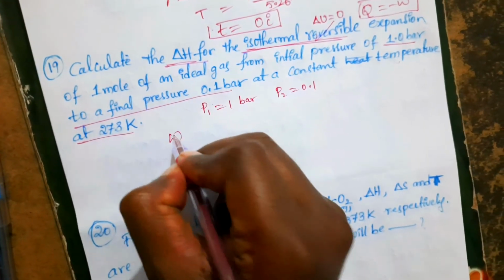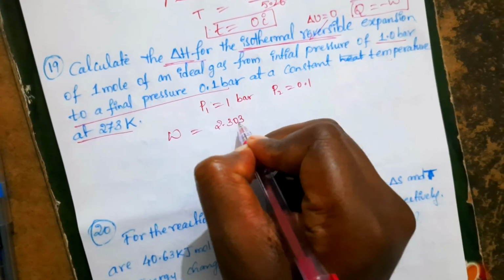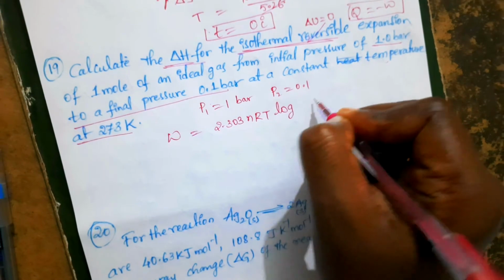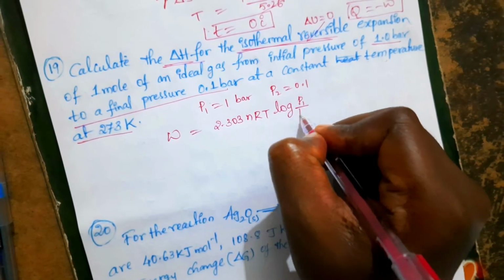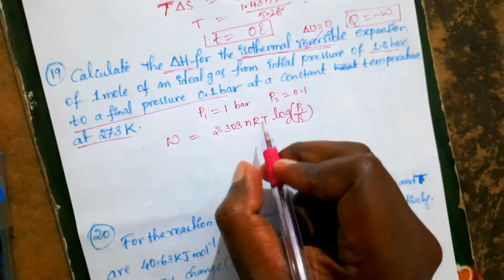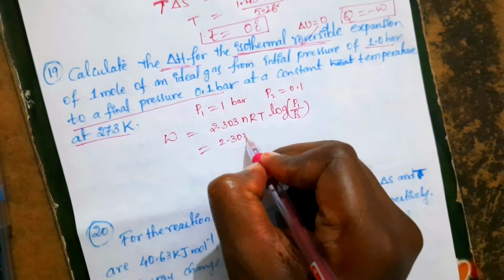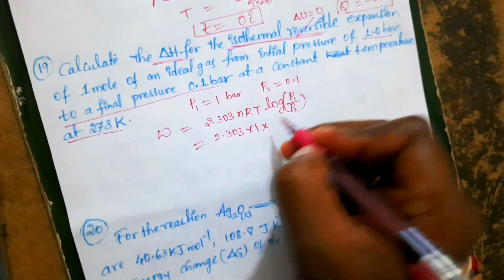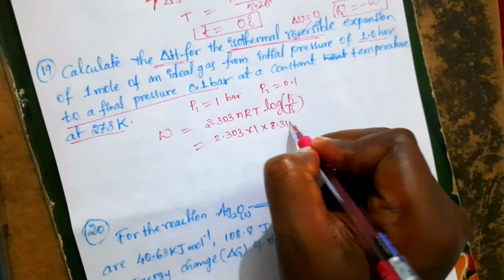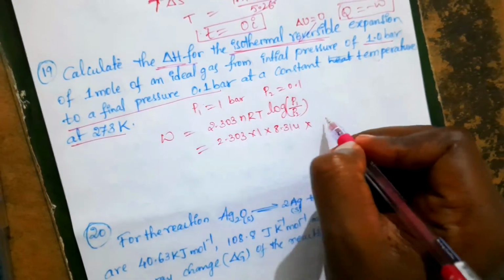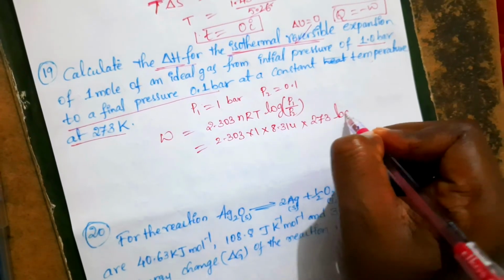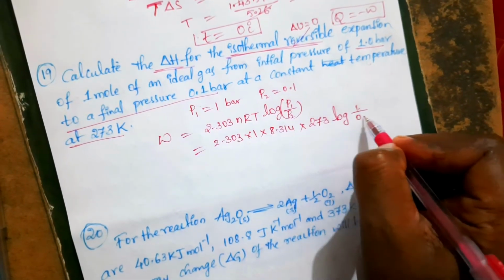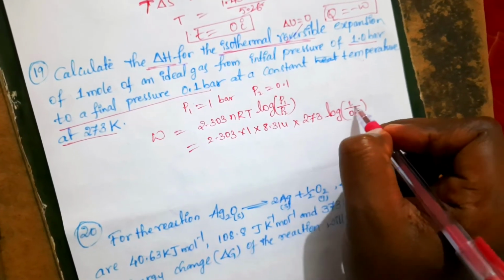Work done is equal to 2.303 nRT log of V2 by V1, which is nothing but P1 by P2. So that is 2.303 into 1 into R value, they are asking in constant. You take it in joules, 8.314, into temperature 273, log of P1 by P2, that is 1 bar by 0.1, which becomes 10, and log 10 is 1.